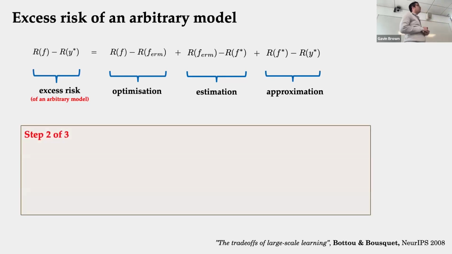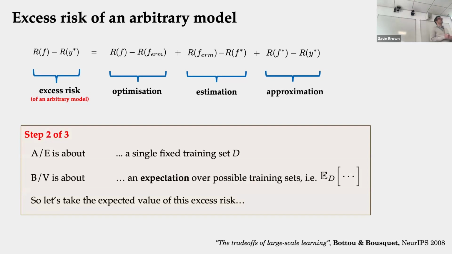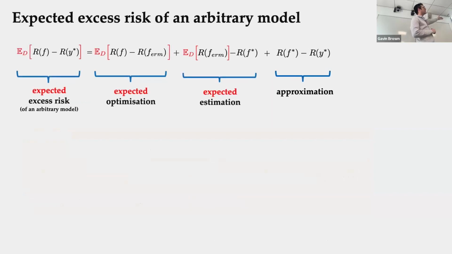So step 2 of 3. This decomposition that we see on the screen is about a single fixed training set. The bias-variance decomposition is about an expectation over possible training sets. So they are quite different things. If we take the expected value of this decomposition, we get slightly modified terms.